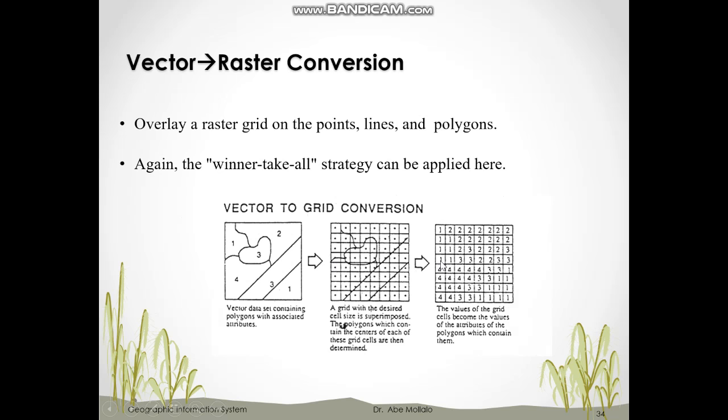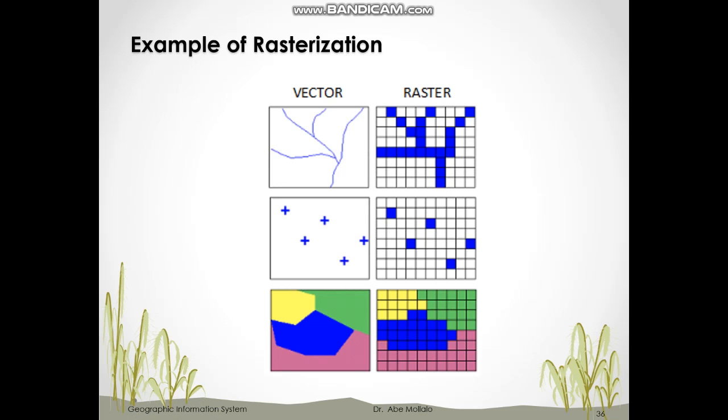So the positional accuracy is lost. From this figure, you can see positional accuracy for the vector data model is excellent, and in the raster data model it is significantly decreased, okay? Topological relationship cannot be kept for the raster data.